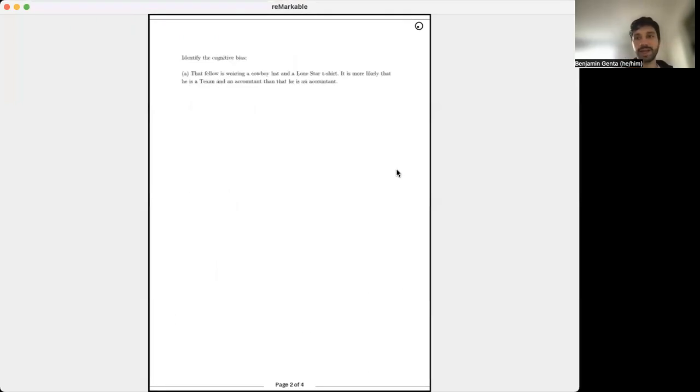Let's look at another of the questions. The task was to identify the cognitive bias. I think this should have been a rather straightforward exercise, but the question was, that fellow is wearing a cowboy hat and a Lone Star t-shirt. It's more likely that he's a Texan and an accountant rather than he's an accountant.